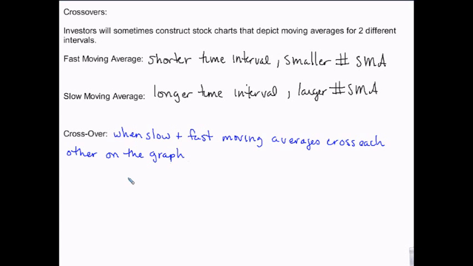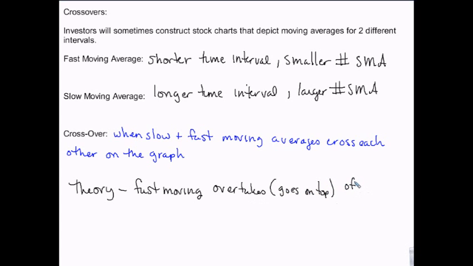Okay, so the two lines that you graph will actually cross, intersect and cross. And when this happens, there's a theory, and it's a prediction. Like I said, it's not 100%, but these are predictions: if the fast moving average overtakes the slow, you buy.